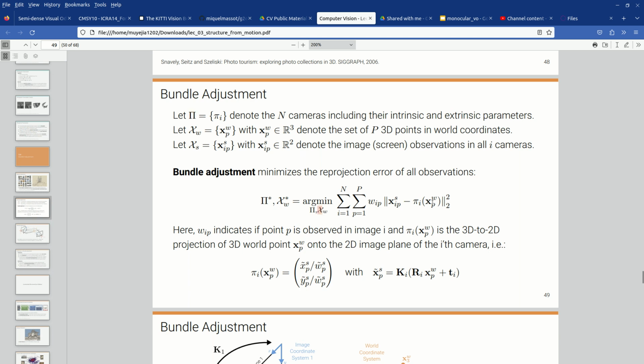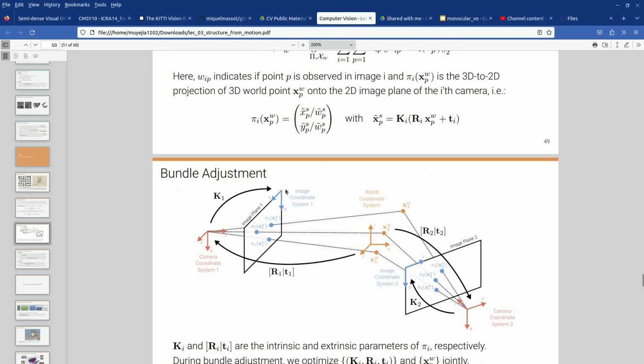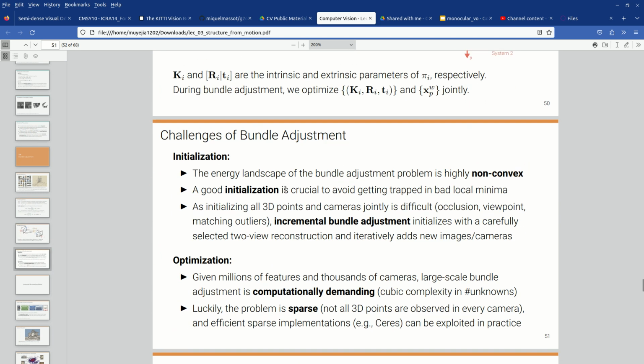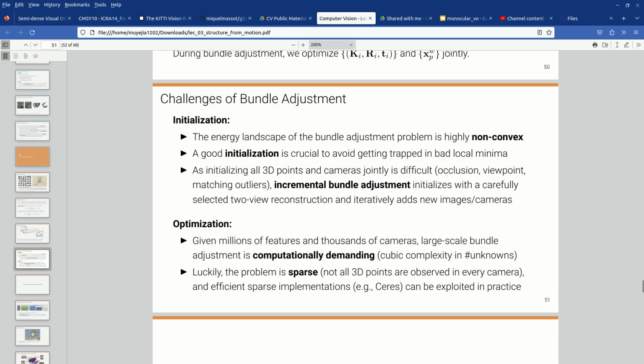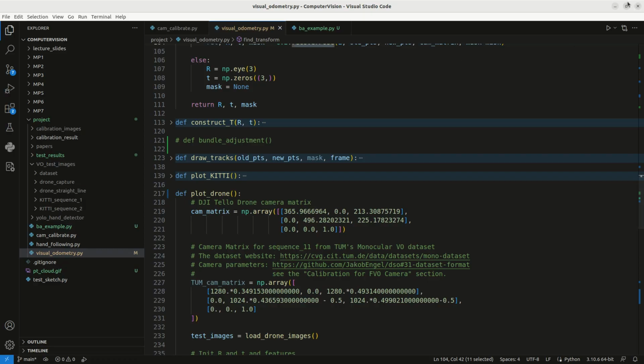So after we solve this optimization problem, we are able to replace our original visual odometry results using these optimized pi parameters, because it gives us an improved version of camera rotation and camera translation, right? This is really straightforward. But a complication comes when we want to actually solve this nonlinear optimization problem.